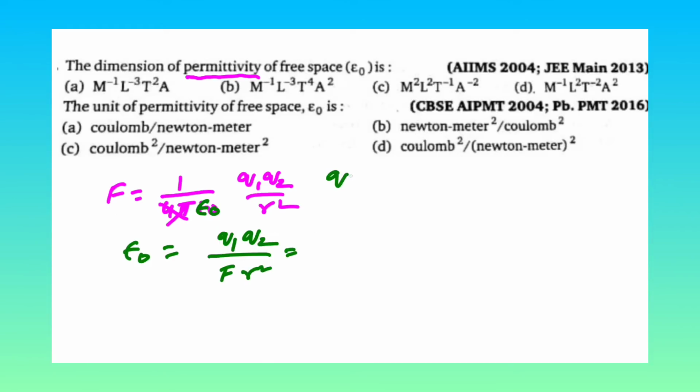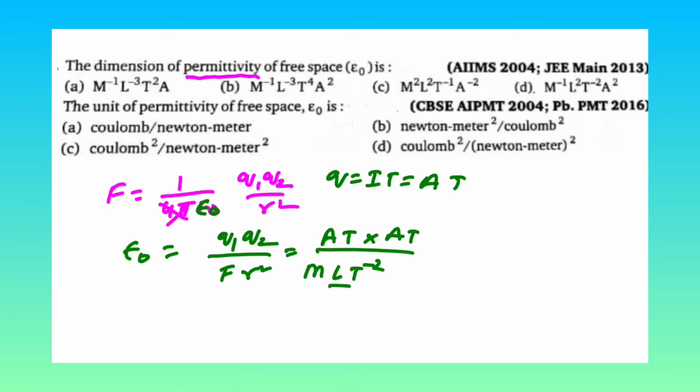Q1 is nothing but current into time, so dimensions are AT. So here AT into AT, because there are two charges, and you know F is nothing but MLT power minus 2, mass into acceleration. R is the distance, that is length, which can be taken as L square.